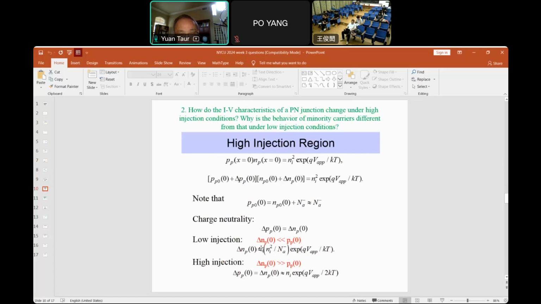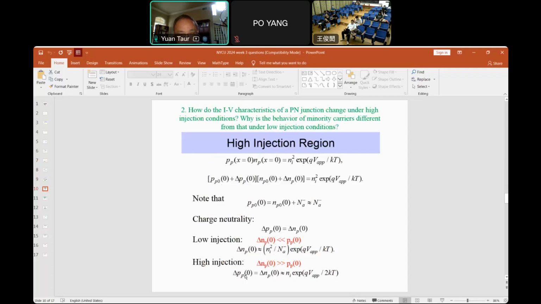But high injection, the condition is that delta MP is much larger than PP. In that case, the first bracket is no longer dominated by PP. Instead, it will be dominated by delta PP, which equals delta MP. So the left side becomes delta PP or delta MP squared. So now you solve by taking the square root on both sides.